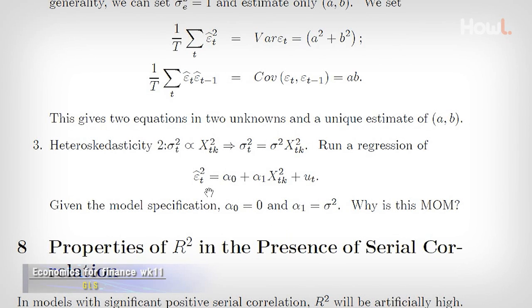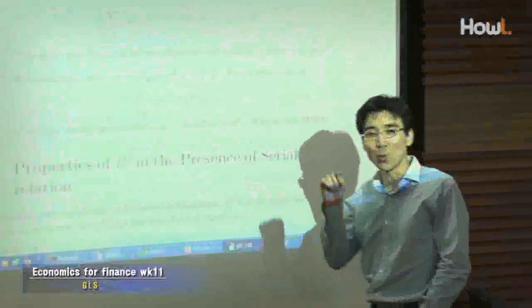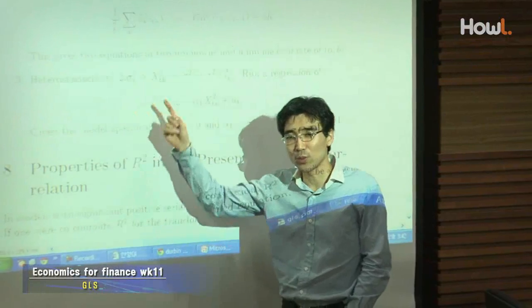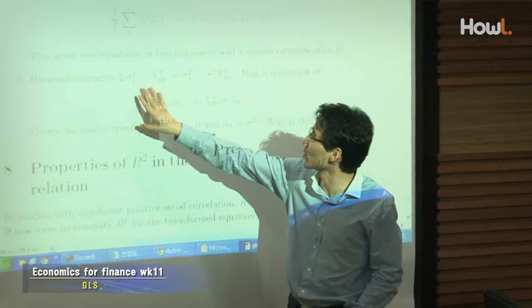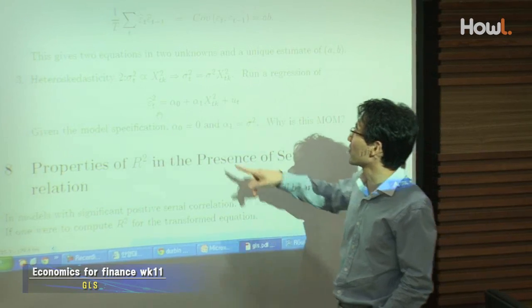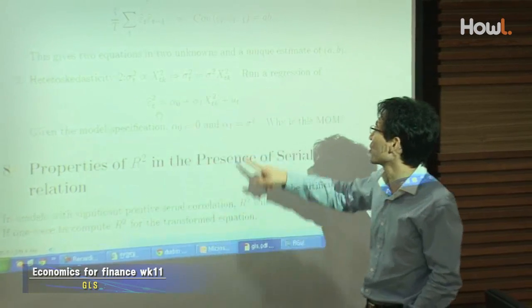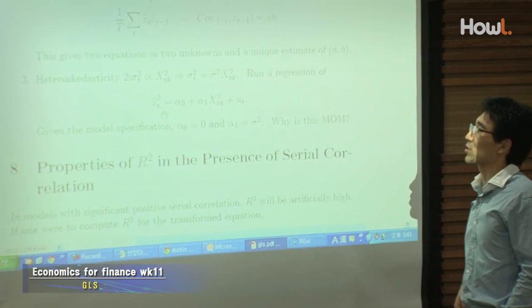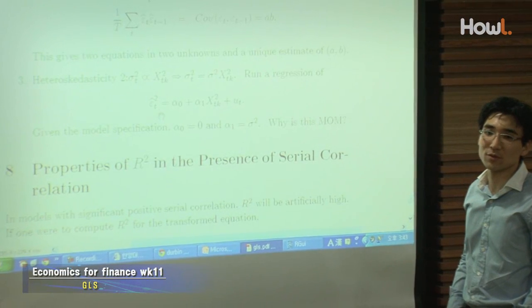We can write sigma t squared as sigma squared times x_tk squared. Then what we can do is run a regression. Again, we do the OLS first. From OLS, we collect the error terms, scale them, and run a regression with this one on this one. Given the model specification, we usually assume this is 0 and this is sigma squared. This kind of procedure is called the method of moments.